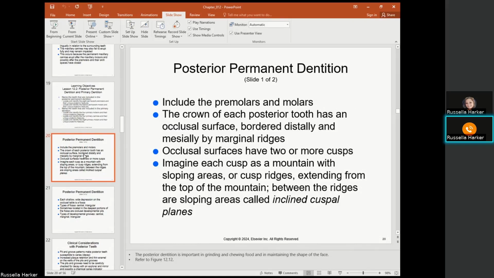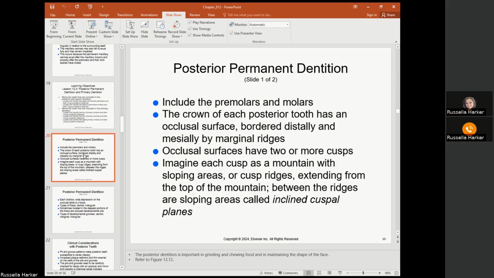Like if you were to bite into a sandwich or a Snickers bar, you would use your anterior incisal edge. For the posterior teeth, the premolars and molars, we have occlusal surfaces. And on those occlusal surfaces, that is where we mash and grind our food. Hopefully we're not mashing and grinding our teeth.